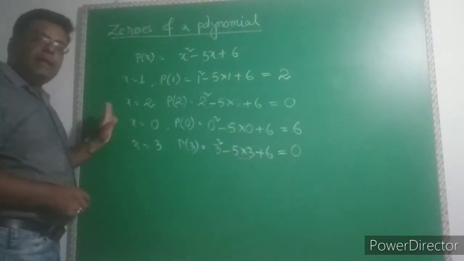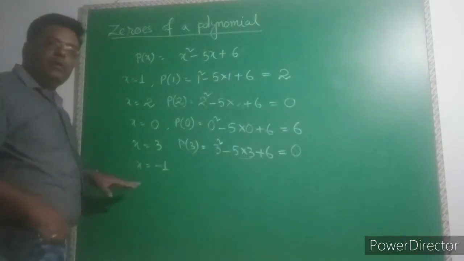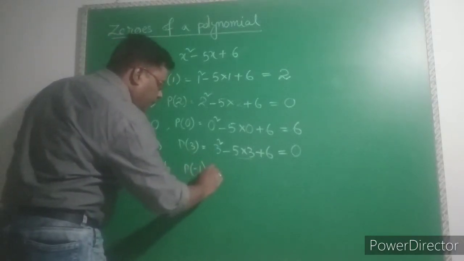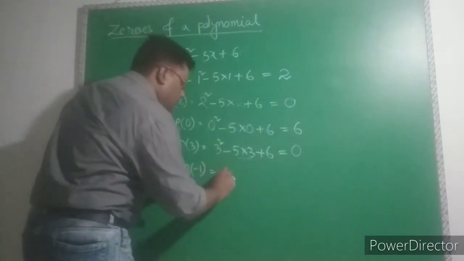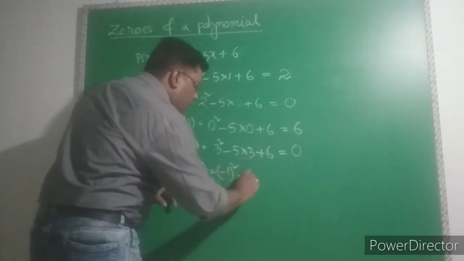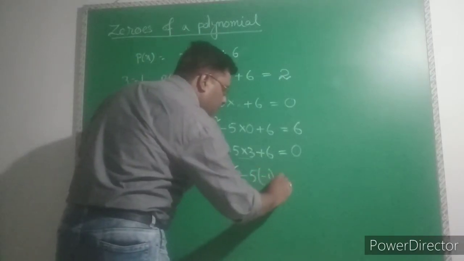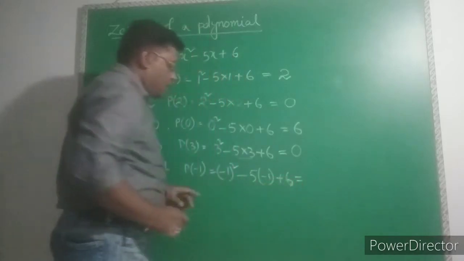Similarly, you can put any negative number also. Suppose we put x equal to minus 1, that is p(-1). If we put minus 1 here, we get (-1)² - 5 into (-1) + 6.